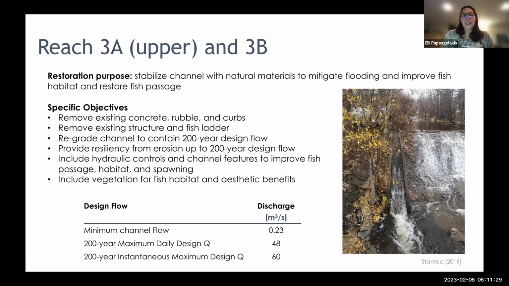What's interesting with the hydraulic controls to improve fish passage, habitat, and spawning is that their plan is to put in some spawning gravel, which would be looser material provided to the channel to provide some of that habitat. And they had a lot of questions around the stability of that spawning gravel and where the best placement would be to provide the most resiliency for it.